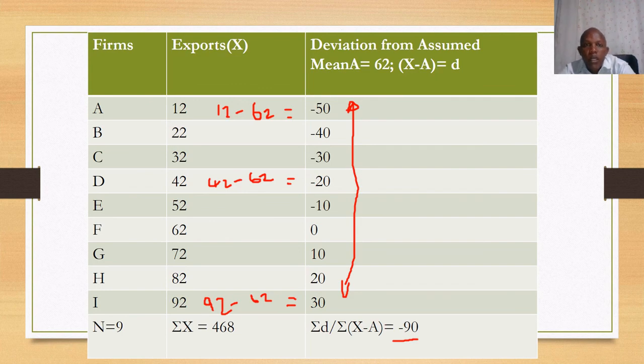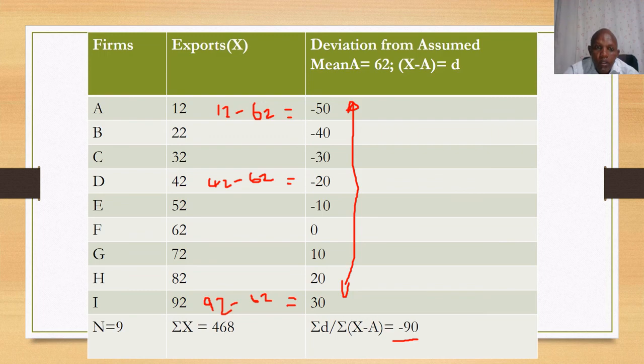Right, we are calculating the arithmetic mean using the assumed mean method, and from my computation, I have used 62 as the assumed mean. Based on our calculation, for example, given the first firm, if the exports were 12, probably millions, the units have not been indicated, this will be 12 minus 62.